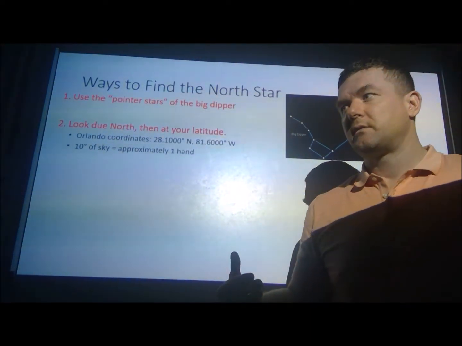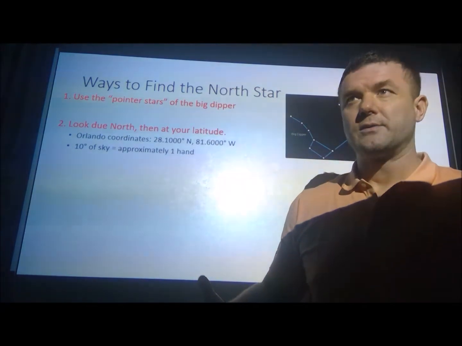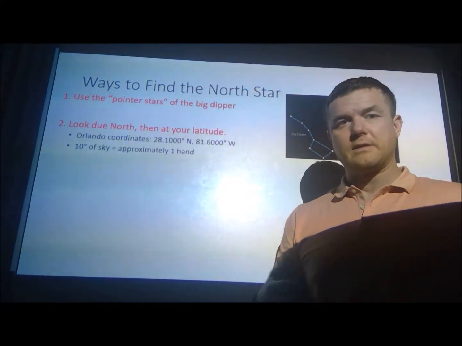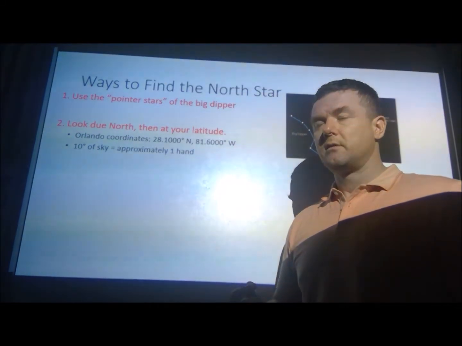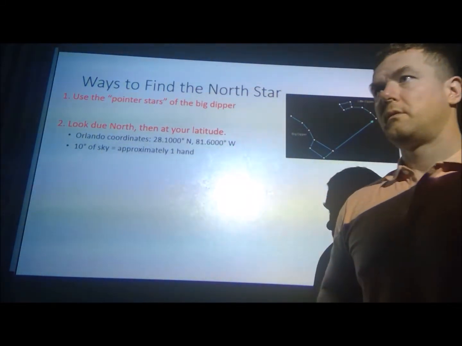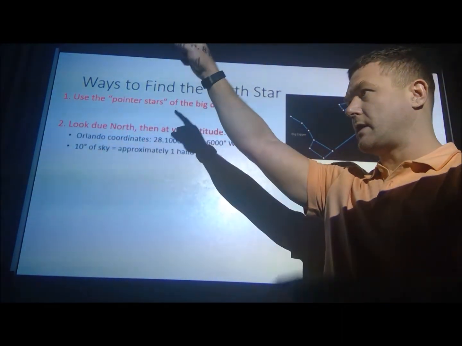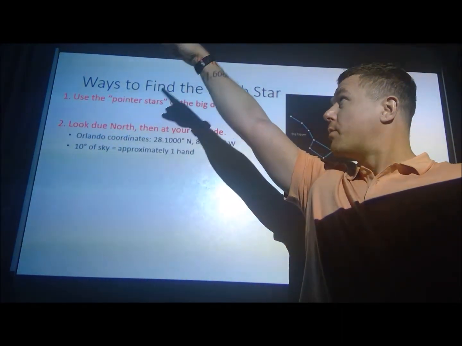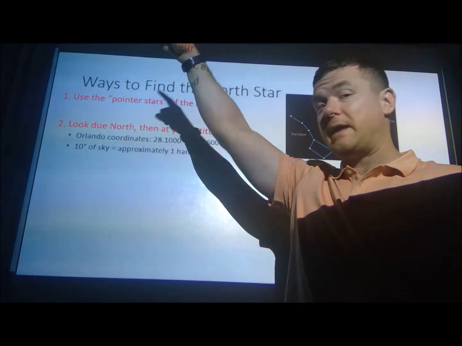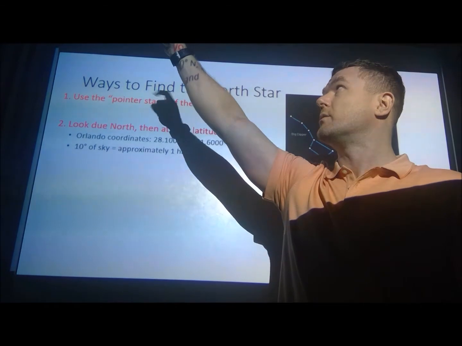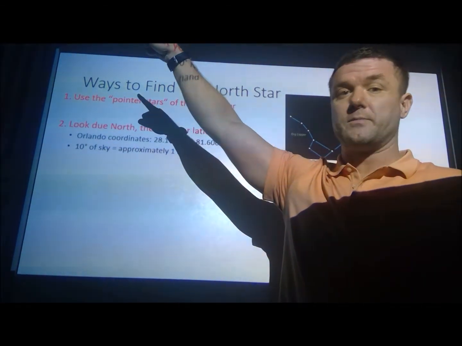Let's say I was up at my grandparents' house in northern Michigan. They are at a latitude of 45 degrees. So I'm going to find the horizon, make my arm into a protractor. I'm going to point my hand up 45 degrees if I'm facing north, and that is going to be the North Star right where my finger is pointing.